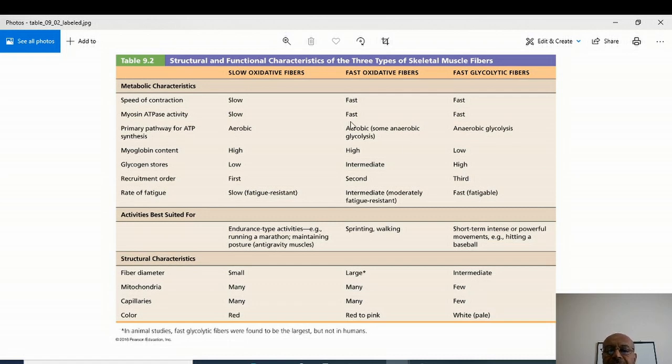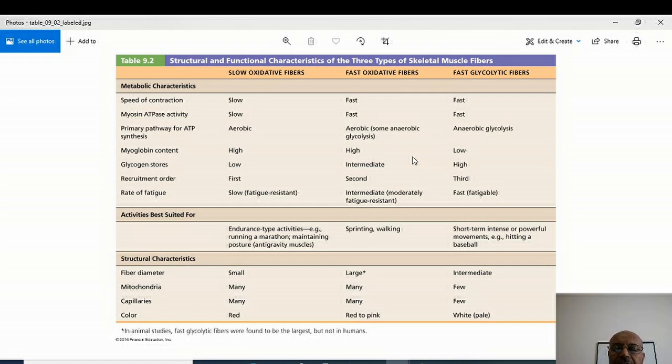These ones are in between. By the way, your textbook calls this intermediate, meaning they are in between the two. They are not that slow, they are not that fast. They make their ATP by both methods, the glycolytic method and the aerobic method.